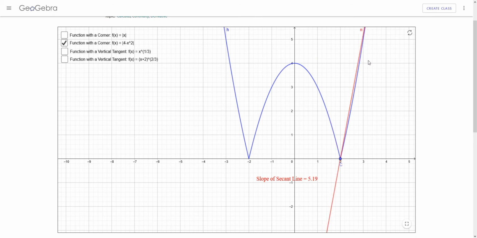But look what happens on this side. As we come in from this side, we're approaching a different tangent line, in this case one with a positive slope. It looks like +4. So we have 2 completely different looking tangent lines that would be candidates for that limit.